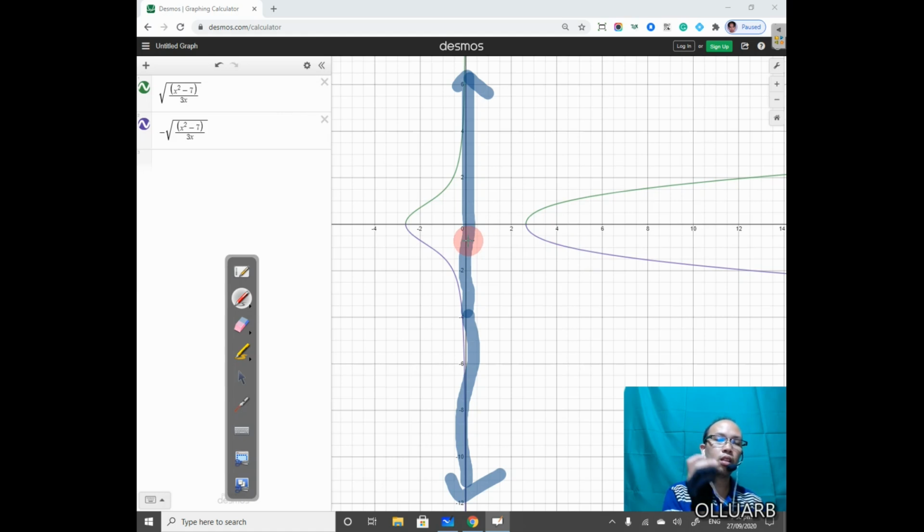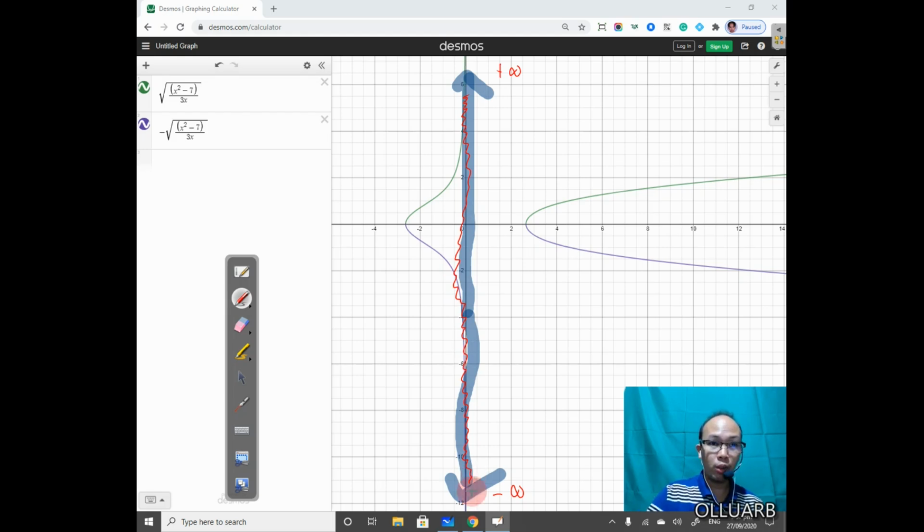So clearly, if you look at the graph of our equation, the range is from negative infinity up to positive infinity, as you can see here, all of these values.